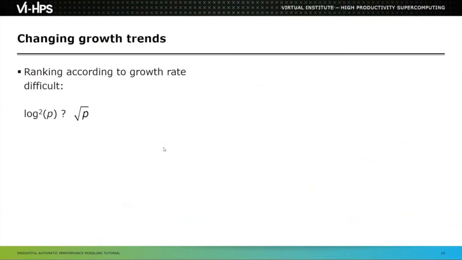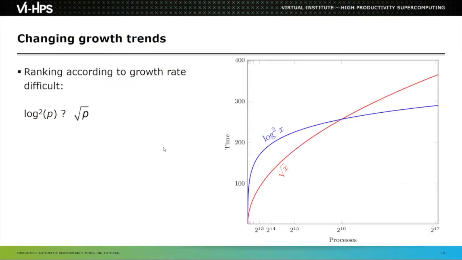So usually what we do is we rank growth rate according to this big O notation, basically. So we have different types of scaling behaviors in this big O notation.